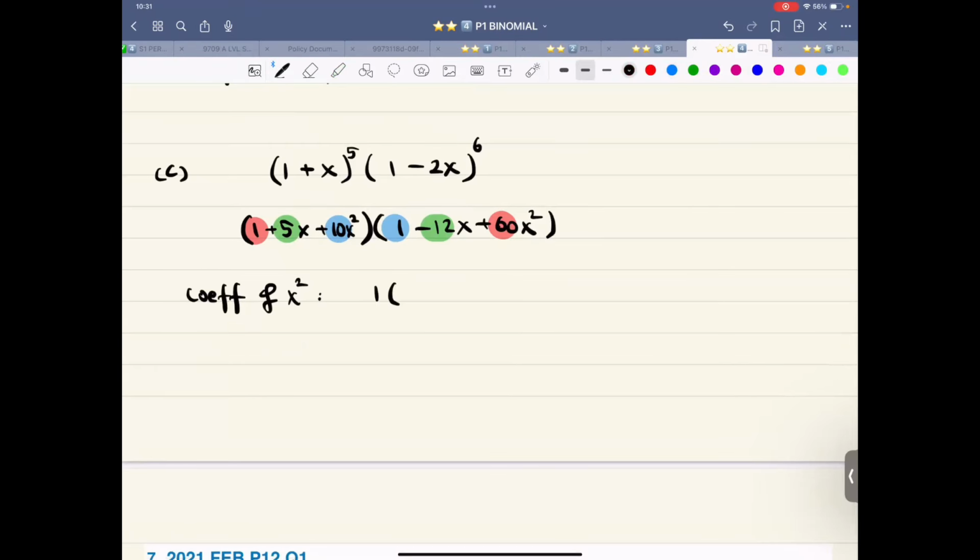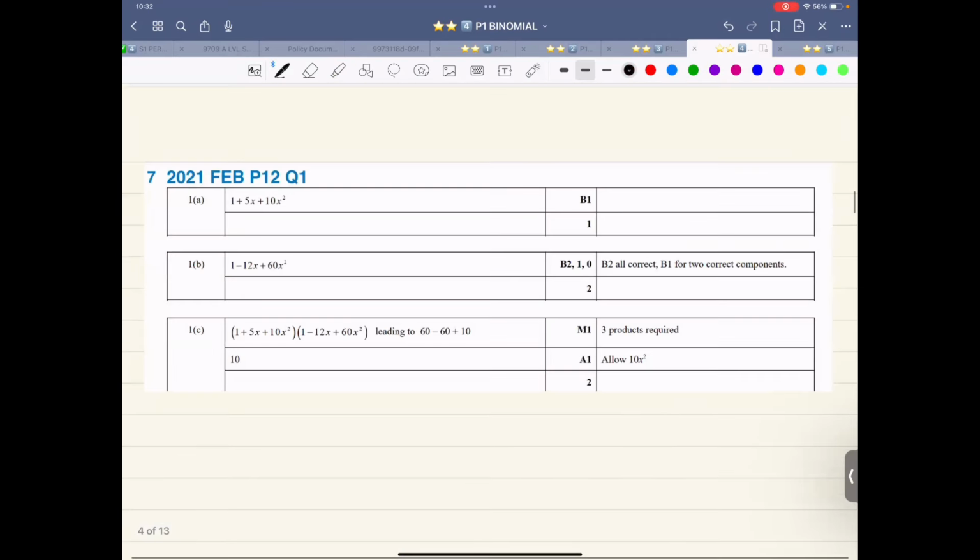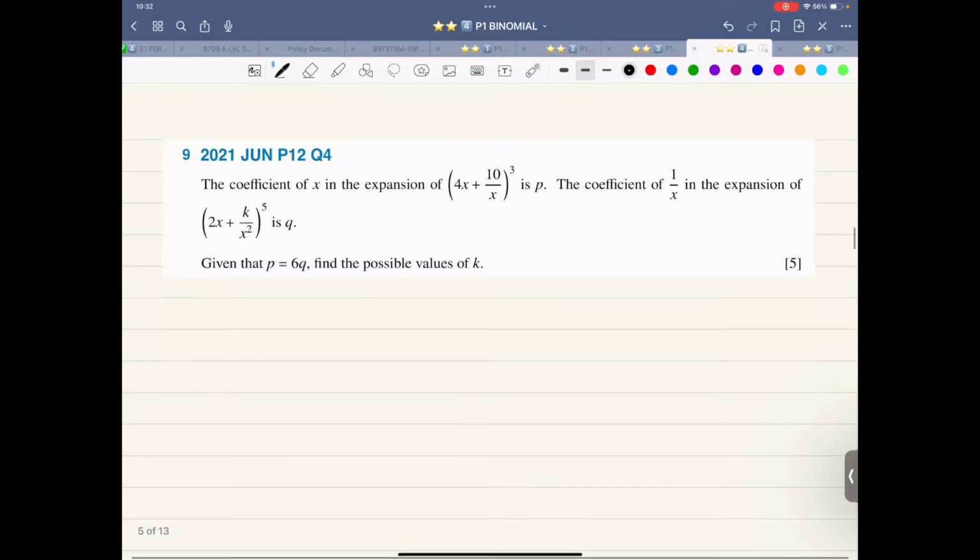So 1 into 60, and then 5 into negative 12, and then 10 into 1. This is 60, this is negative 60, this is 10. Overall, it's 10. Yes, the answer is 10. So this thing is also done.